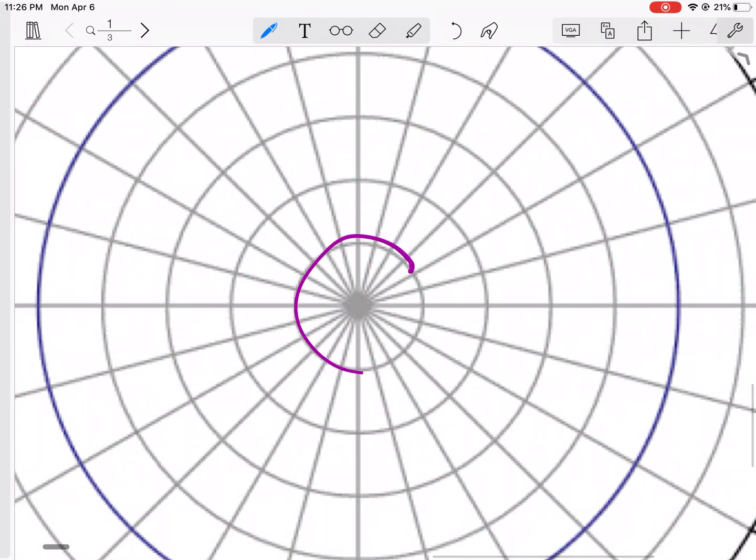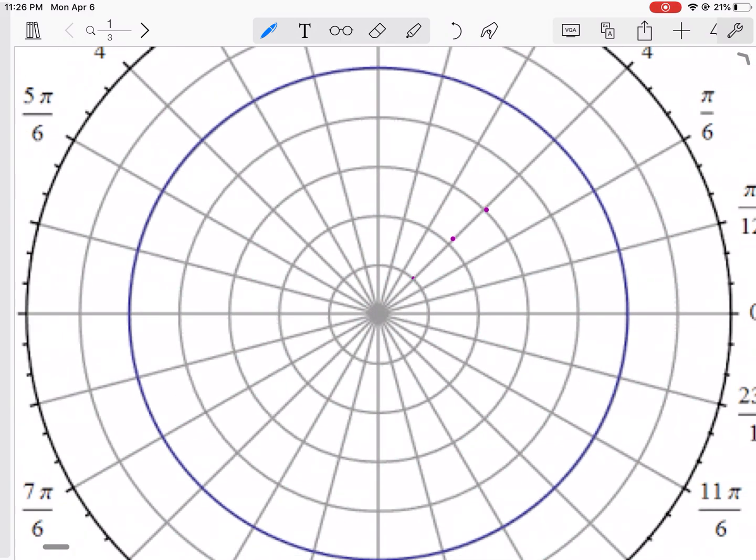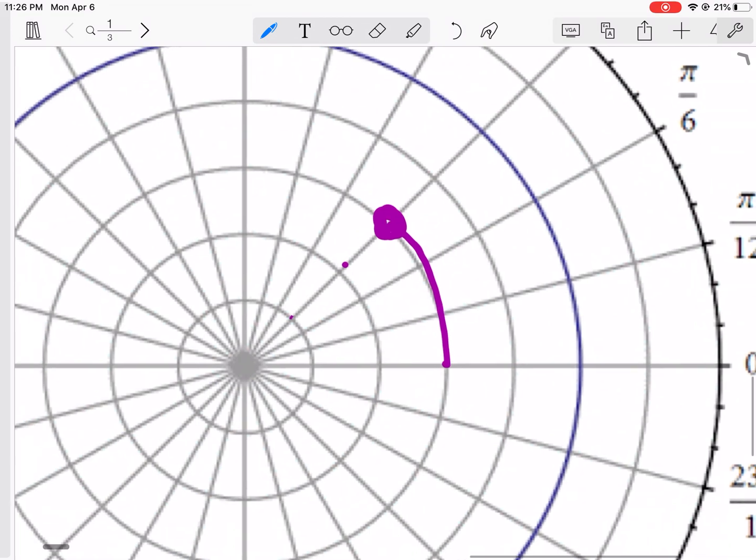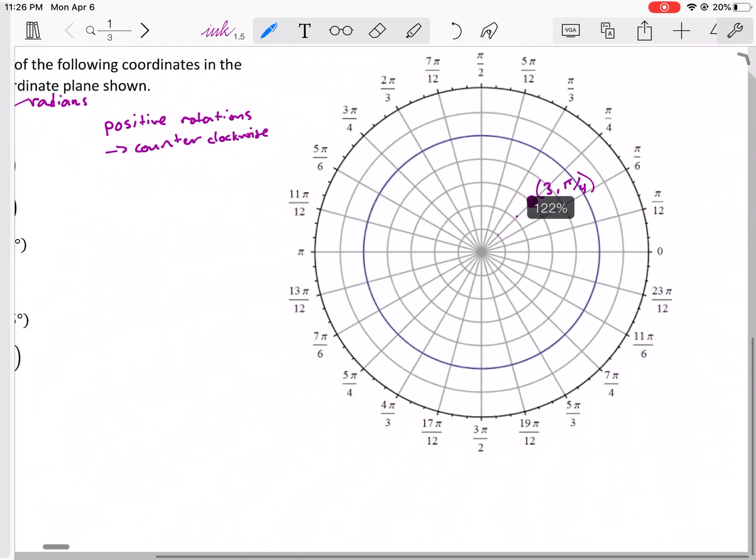Notice we have circles. We're going to go to the third circle out. So 1, 2, 3. And we're looking for pi over 4 as our angle. So this right here, this is our point 3 comma pi over 4. We don't need to put this drawing right there, but that's our point, 3 pi over 4.